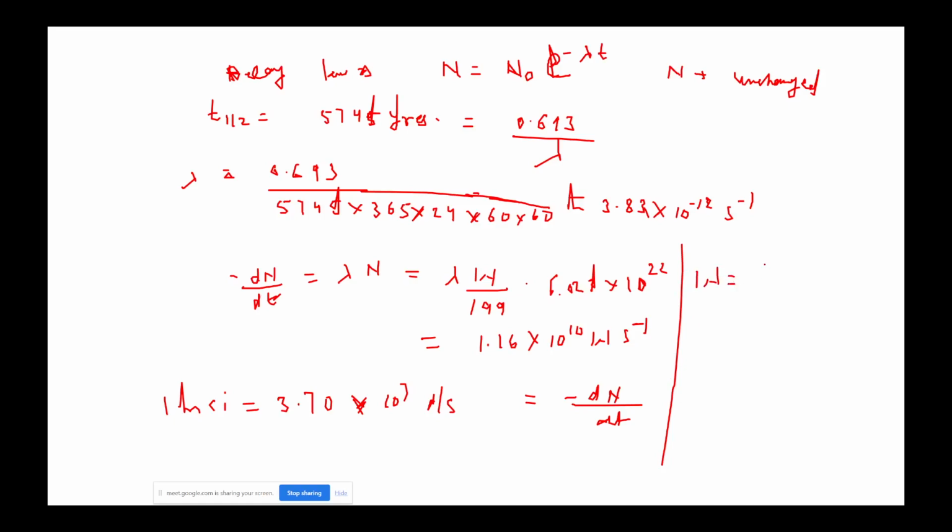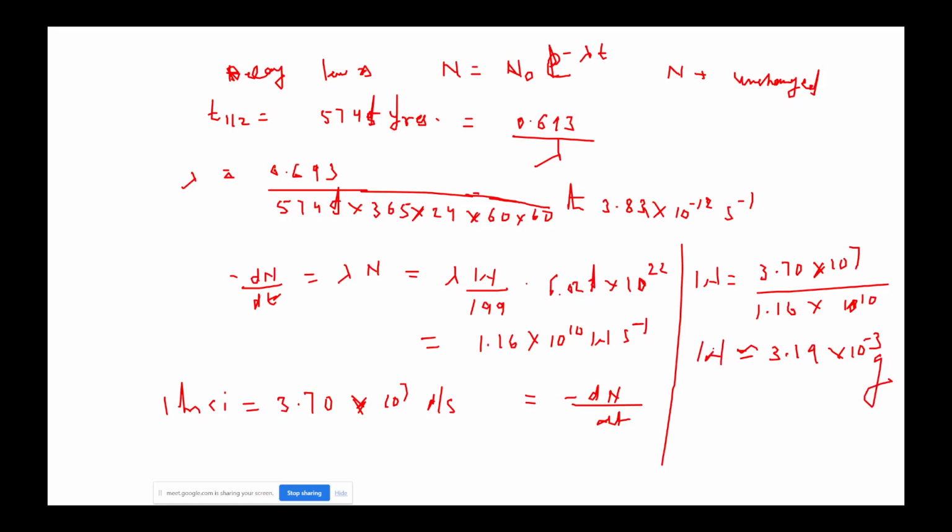So here your W will be 3.70 into 10 to the power 7 divided by 1.16 into 10 to the power 10. When you divide and multiply, it will come around minus 3 gram.